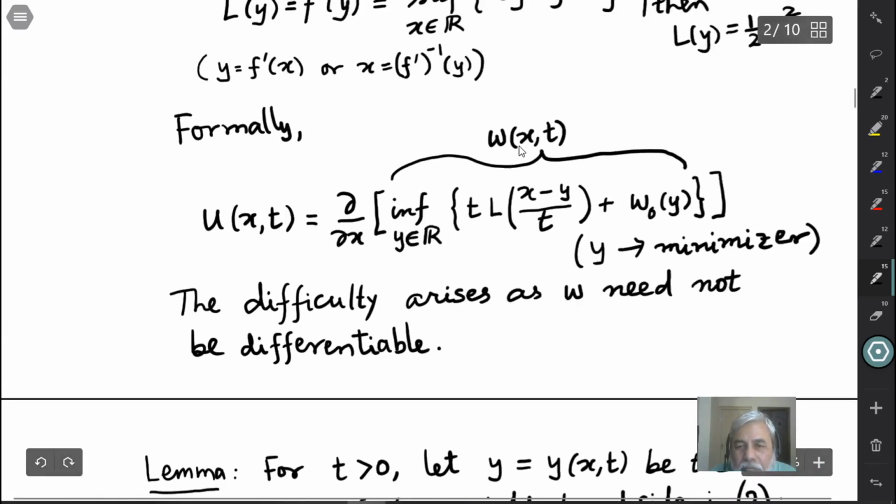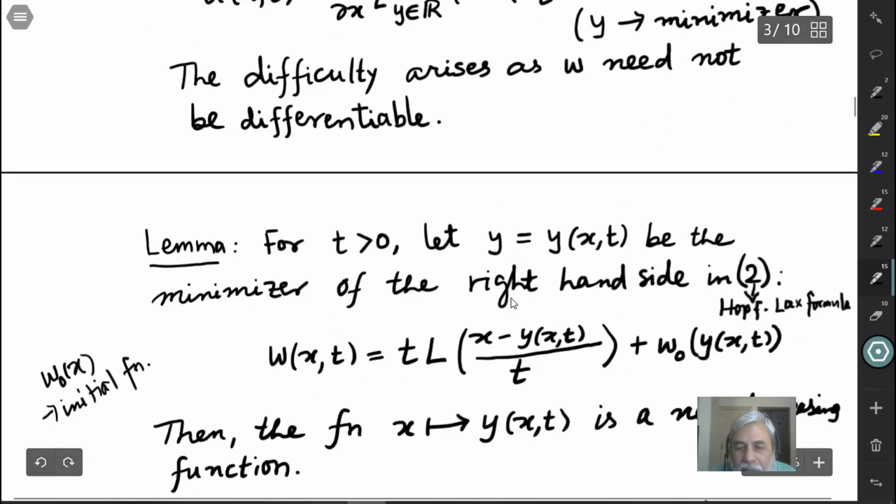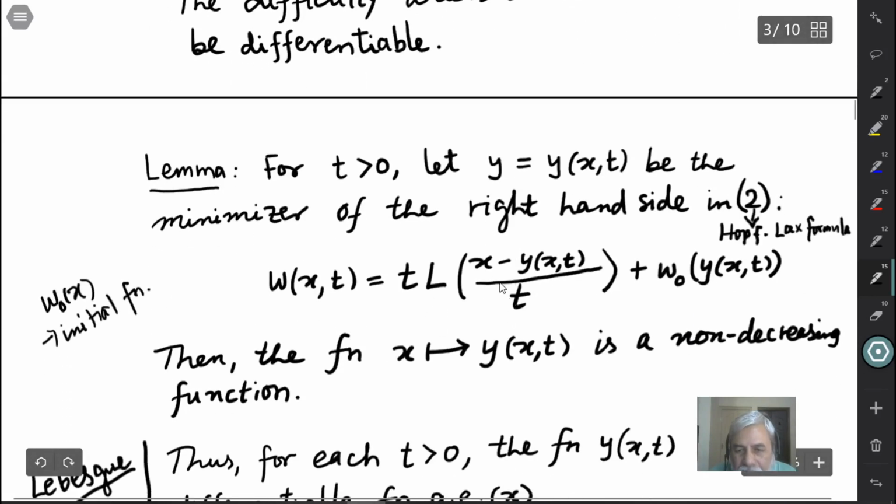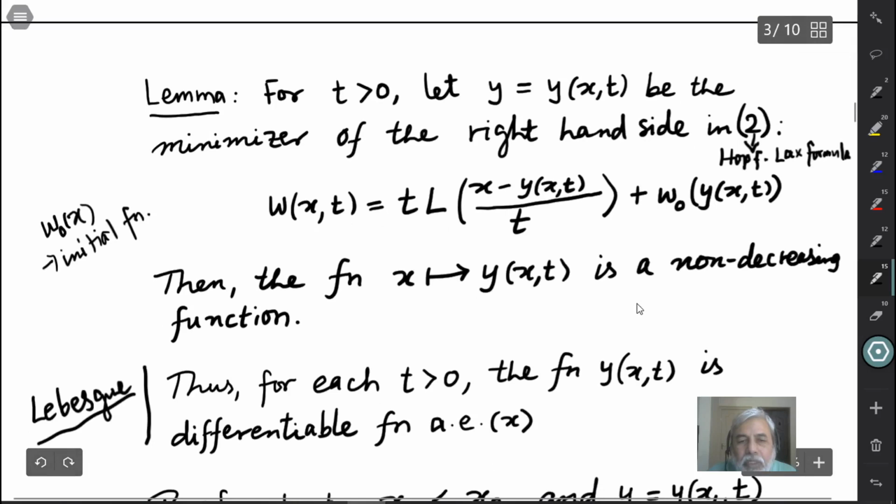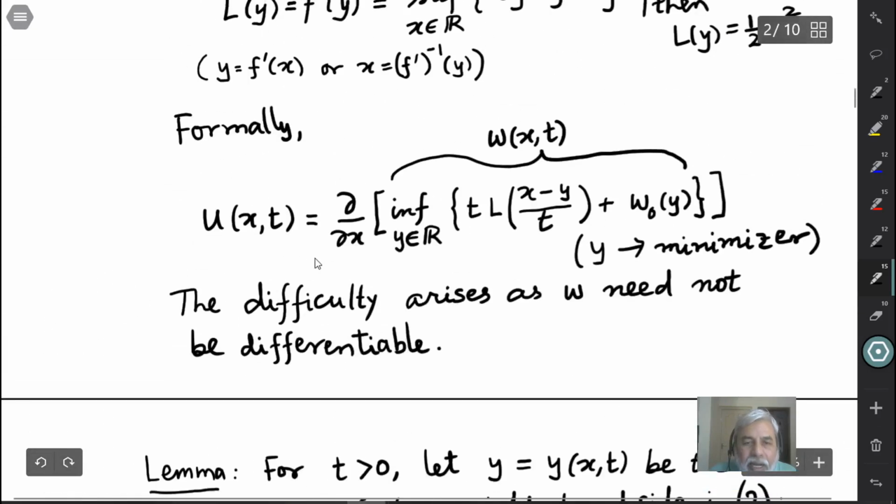Once that is known, you can justify this. So this is w(x,t) and this is given by t L((x - y(x,t))/t). L is a smooth function and w0 is also an absolutely continuous function. We will see that. So this w can be differentiated almost everywhere with respect to x, and that makes sense for this u(x,t).